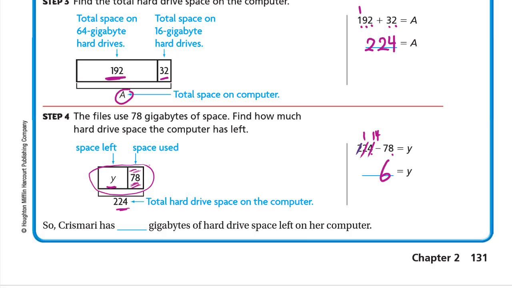So we'll borrow from the other 2. The 2 will be 1, and this one will be 11. So 11 minus 7 is 4. And 1 minus nothing is 1. So it's 146 gigabytes. So Grace Mary has 146 gigabytes of hard drive space left on her computer.